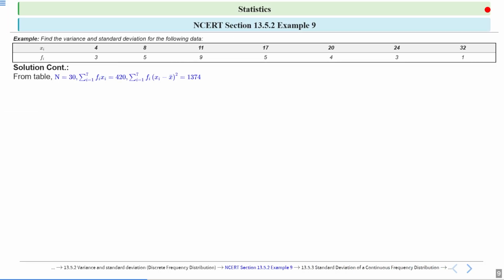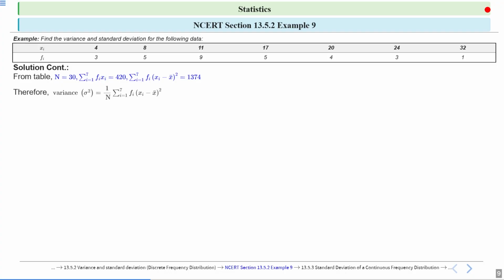From the table, n equal to 30 and the sum of fi xi from i equal to 1 to 7 is 420, and the sum of fi times xi minus x bar whole squared from i equal to 1 to 7 is 1374.